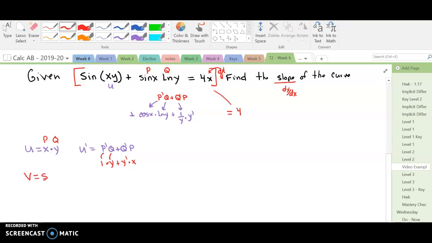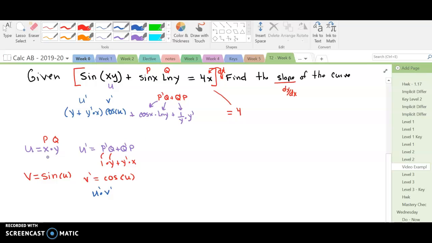Our v is sine of u, so our v prime is cosine of u. And according to the chain rule, we're going to multiply our two derivatives together, so we'll have u prime times v prime, which just means I have y plus y prime times x as my u prime, and my v prime will be cosine of u.